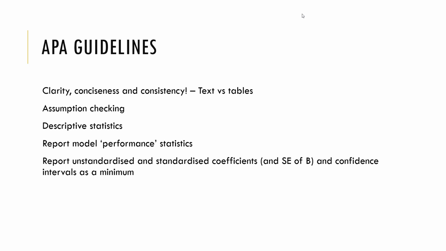As a minimum, you need to report for the coefficients the unstandardized and the standardized coefficients, and the standard error of B, the unstandardized coefficient. And really, you should now be including confidence intervals where you can. Sometimes you have a horrendously large table and you can't fit them in, but if you can, you should.